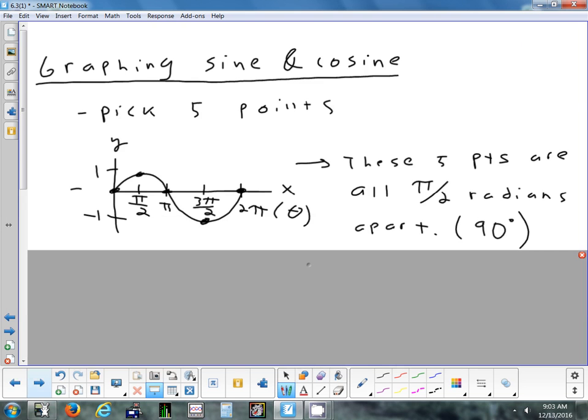We're going to do it in radians, but I wrote 90 just to give you an idea: 0, 90, 180, 270, and we end at 360. And notice 0 and 360 are the same y value, and they should be, because that's where the function would start over, and then it would do another cycle.